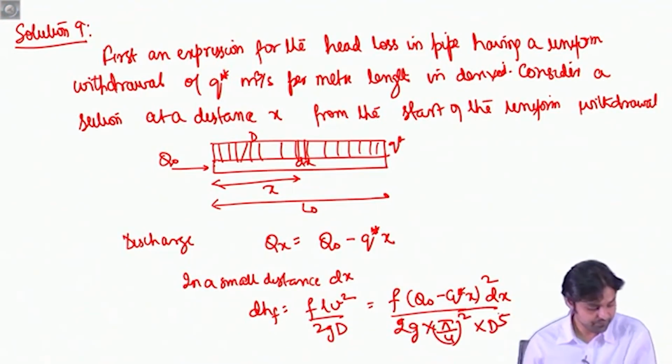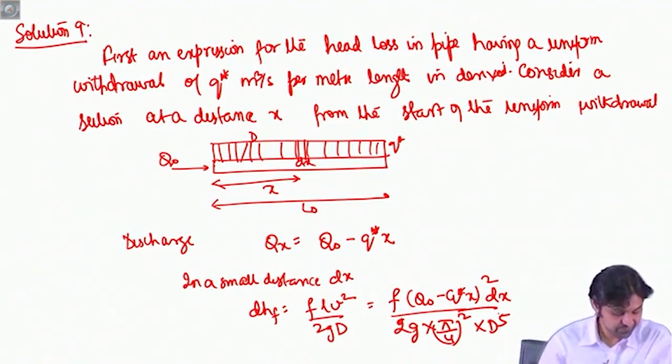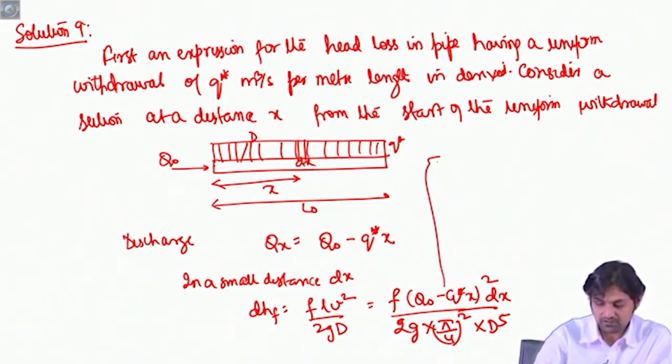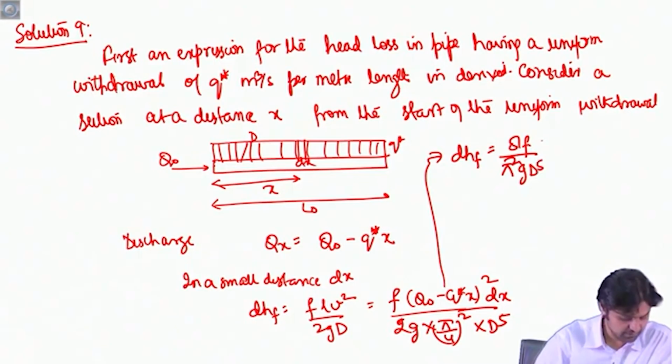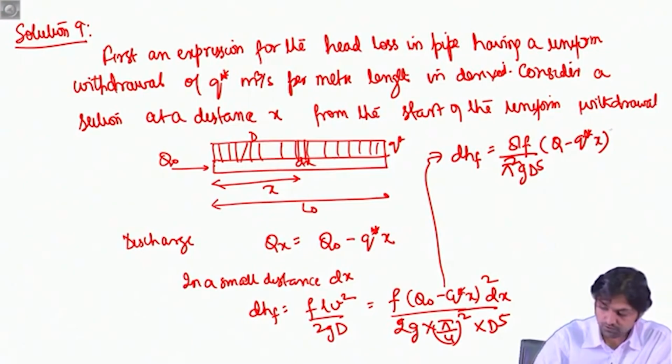All right. So, I will take this here now. Just writing dhf will be 8f divided by pi square g d to the power 5 into (Q naught minus Q star x) whole square dx. All right.